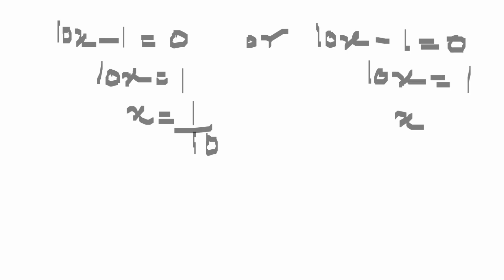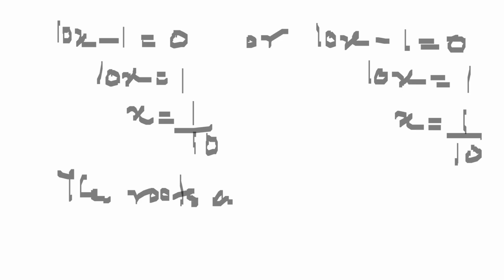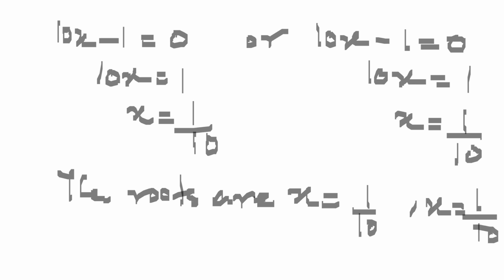So 10x is equal to 1, x equal to 1 by 10. Both the values are the same. Here also we have 10x minus 1 equal to 0. So 10x equal to 1, x is equal to 1 by 10. So we can say that therefore the roots are x equal to 1 by 10 and x equal to 1 by 10.